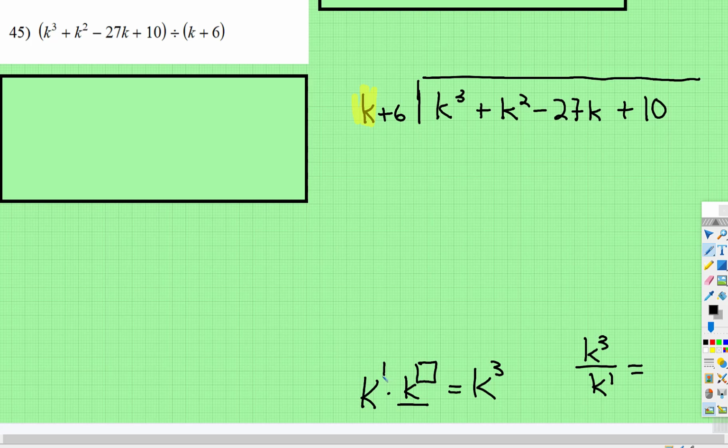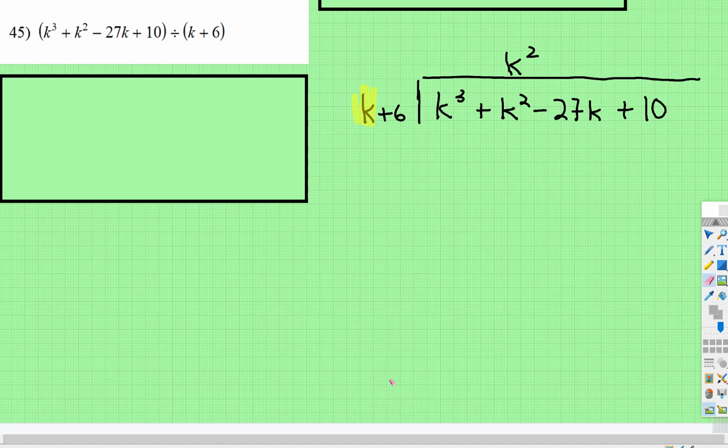Well, if we look at it this way, k to the first times k squared. So in the k squared column, you're just going to put 1k squared. So if I look at it this way, 3 subtract 1 is 2. So both ways can confirm how you get this value.